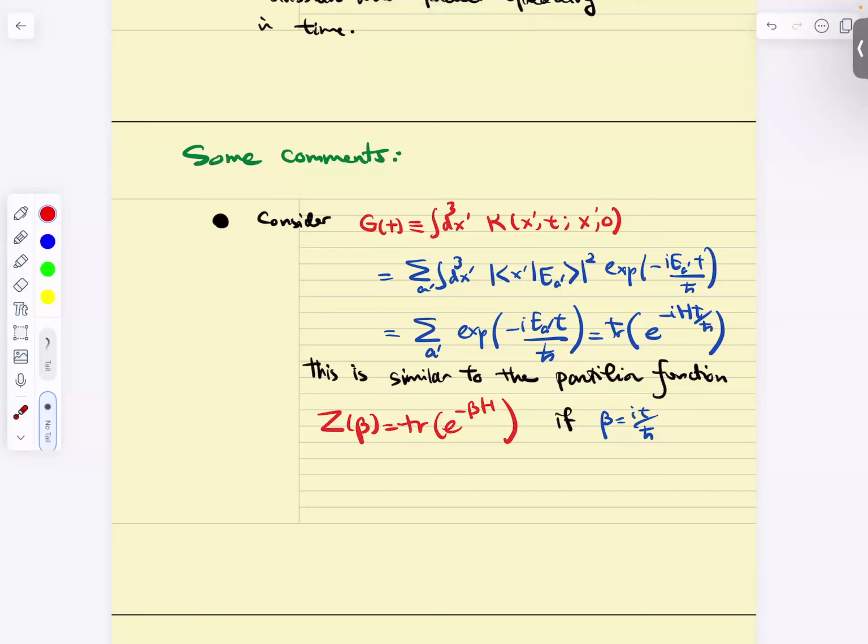This is sum over a prime, an energy eigenket, so it becomes the sum over a prime of e to the power of minus i E of a prime (t minus t naught) over h bar, and thus this is just 1. So we recover our expression.